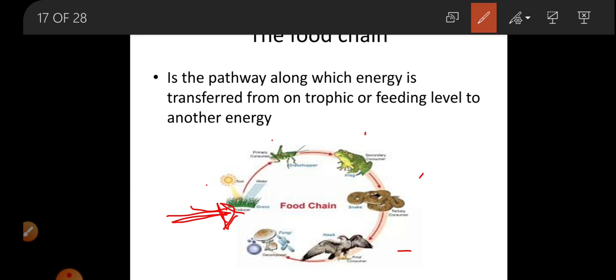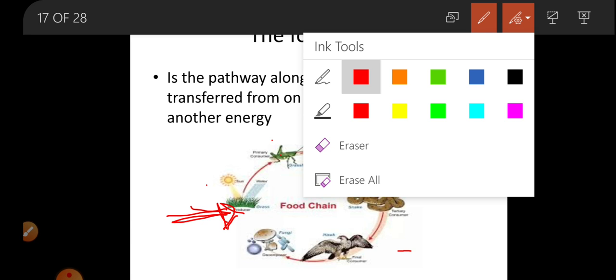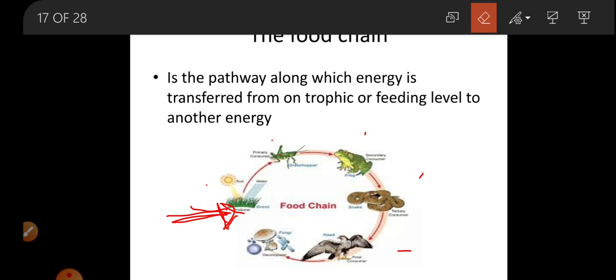And of course, we have decomposers that feed on dead organic matter to keep this circle of life running. Okay, let's move to the next slide.